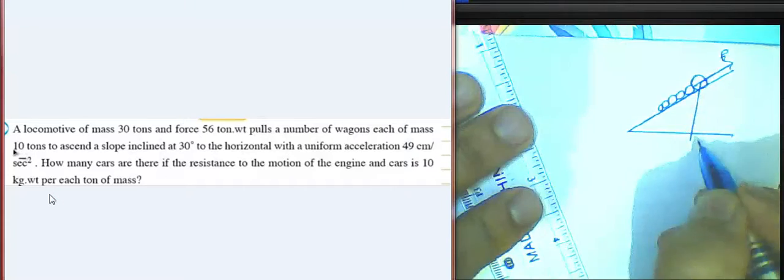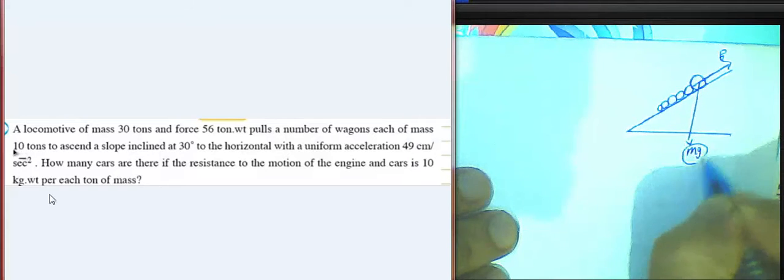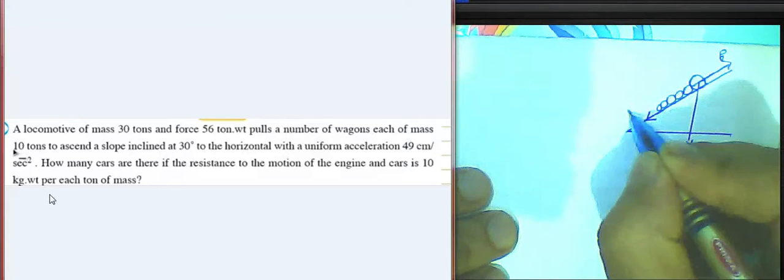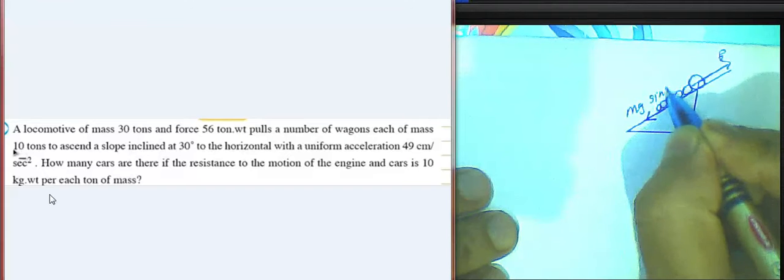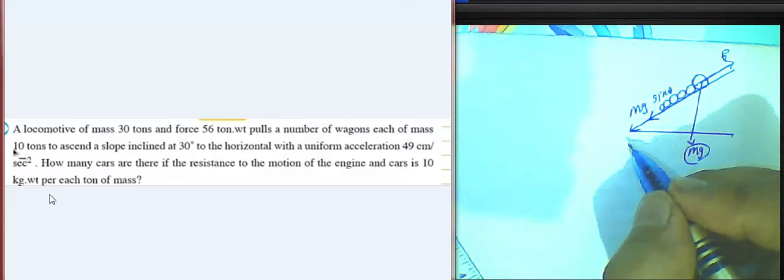We can factorize this weight: it will be mg here. We can factorize it to mg sine theta, okay? And we have R here, the resistance to the motion. The resistance of the motion of the engine and cars is 10 kilogram weight.